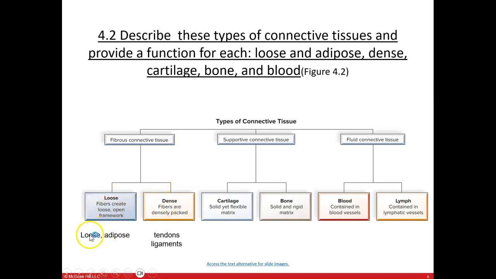And we're going to talk about loose, and adipose is a special kind of loose connective tissue. We're going to talk about dense connective tissue, and in particular, tendons and ligaments. We'll talk about cartilage, bone, and blood. I'm not going to talk much about lymph, not that it's not important. I just run out of time. So this is the structure we're going to go on.